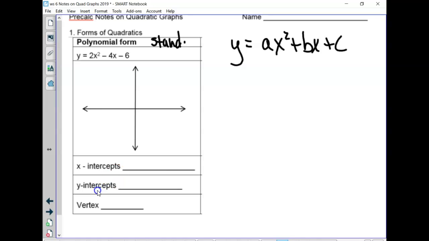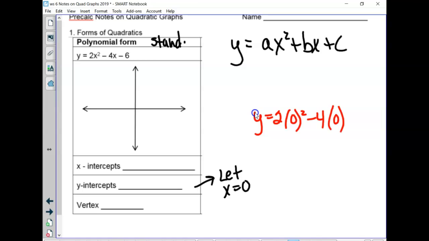Anybody know how you find a y-intercept? To find the y-intercept, you always let x equal to 0. So for this equation, I would have y equals 2 times 0 squared minus 4 times 0 minus 6, which would just be what? Negative 6, because all the rest of this is going to be 0. So it crosses the y down here somewhere at negative 6.